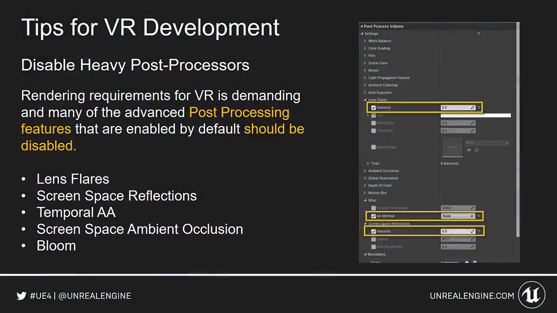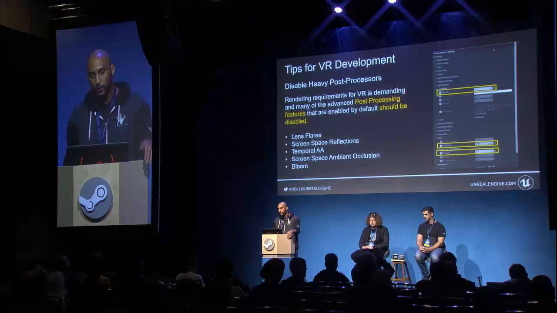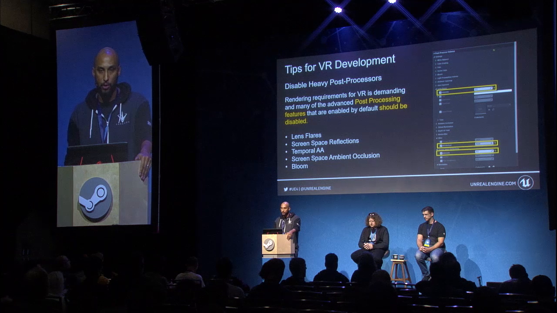Another thing you could do to optimize your project for shipping is to disable any heavy post-processors. Due to the demanding requirements of VR, many of the advanced post-processing features you would normally use should be disabled initially. And I say initially because ultimately this is up to you. If your game is performing well, you could add those features back over time and see how it affects your performance. It's a lot easier to add to your project than it is to strip away, especially as you're getting close to shipping your project.